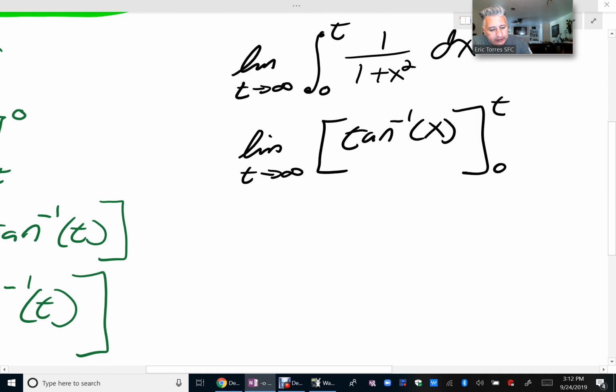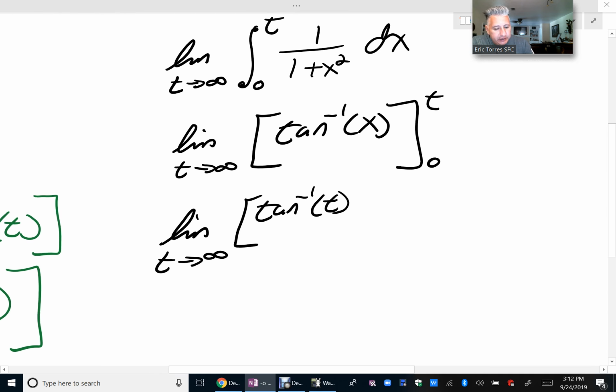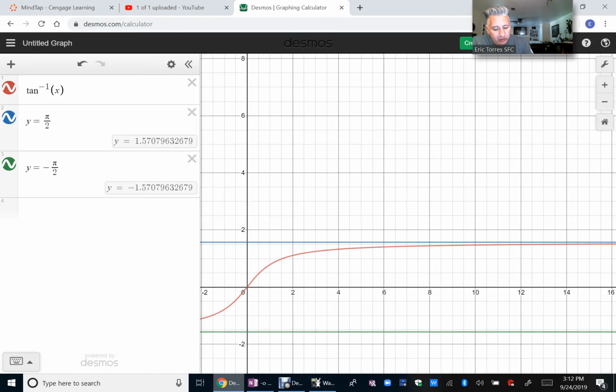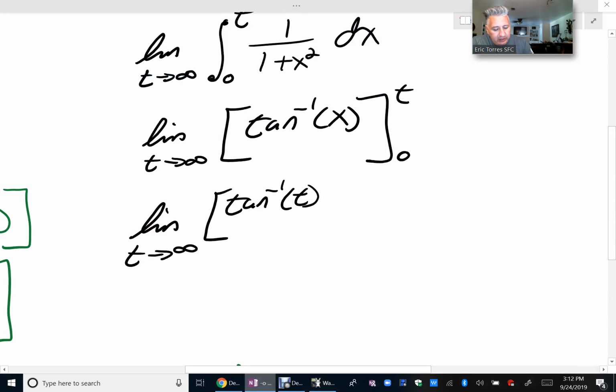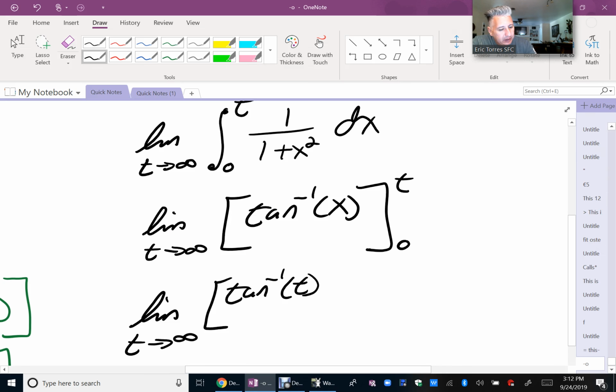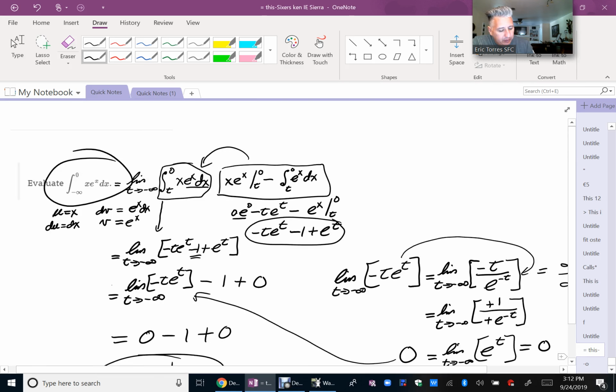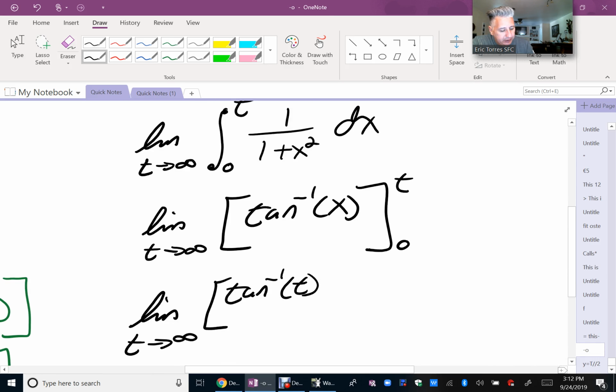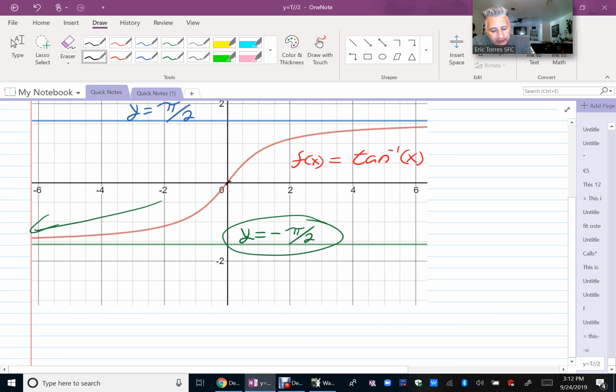So I'm going to plug in t first and then 0. And the arctangent of 0 is 0. We already know that.